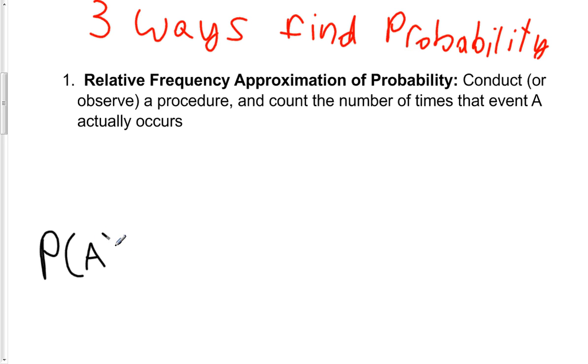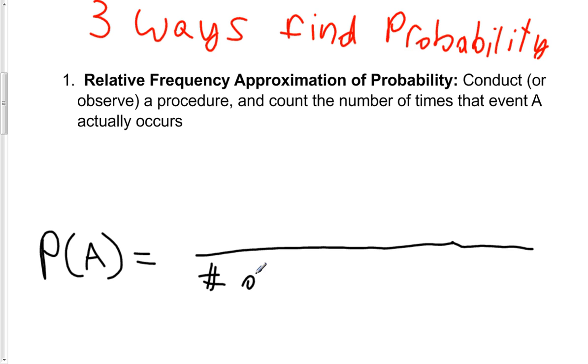And in order to find the probability of event A, we're going to conduct a procedure a certain number of times. And for that number of times that we run the procedure, we're going to want to count the number of times that we get event A actually happening.